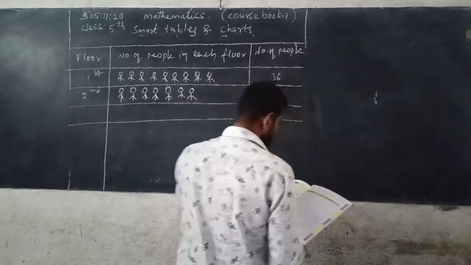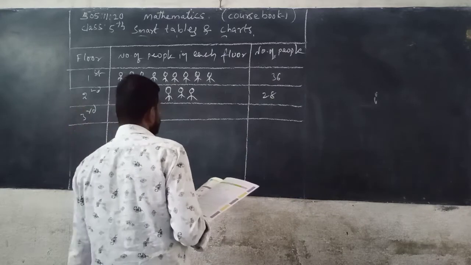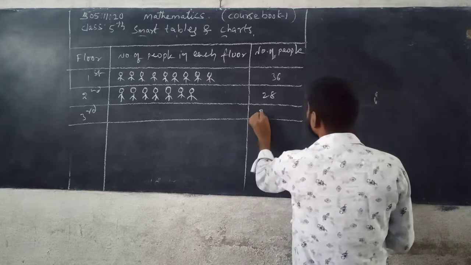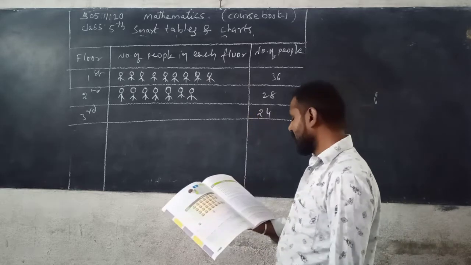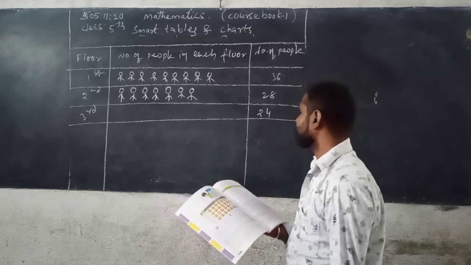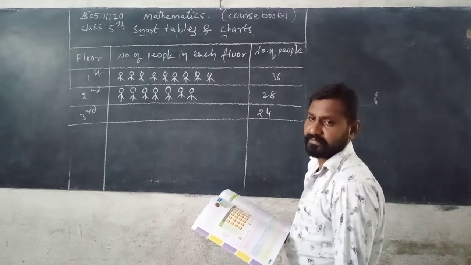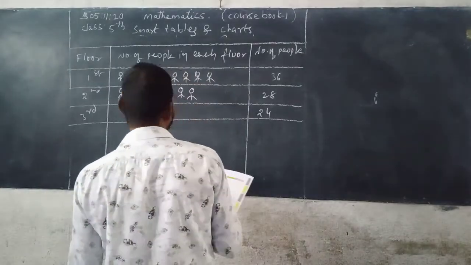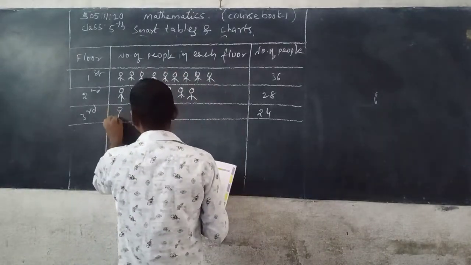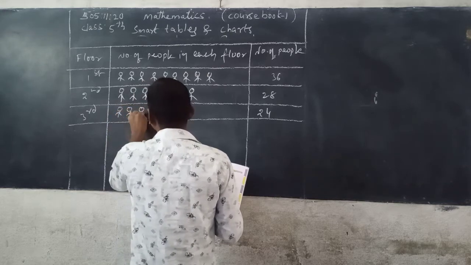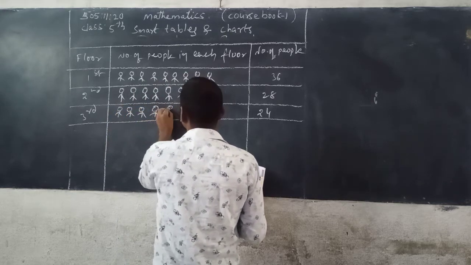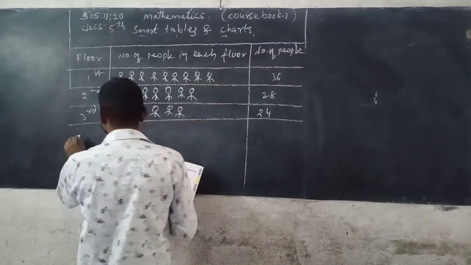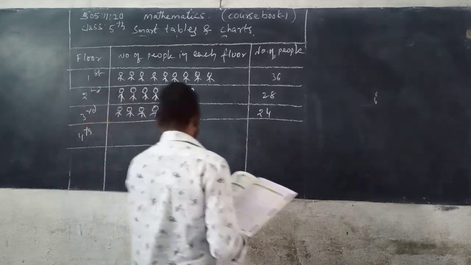Now next, third floor. See here, 24. 24 divided by 4, 4 sixes are 24. See here, 1, 2, 3, 4, 5, 6. Next, fourth floor.